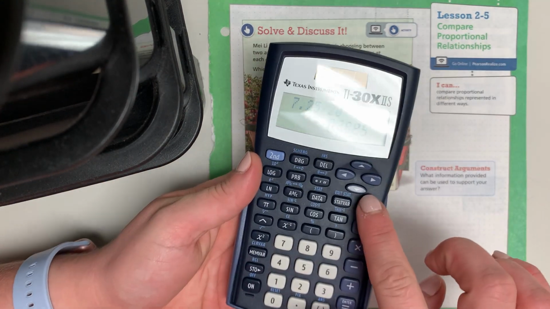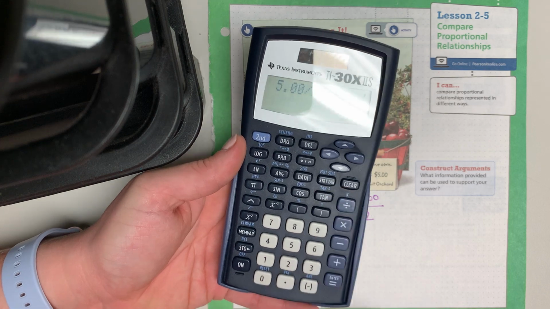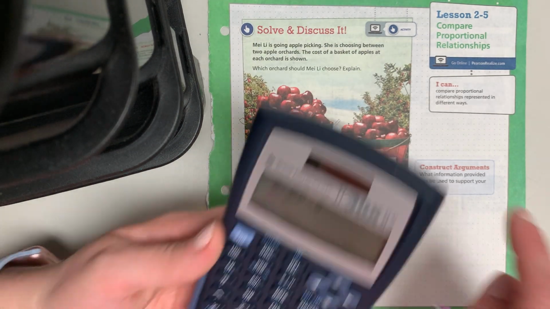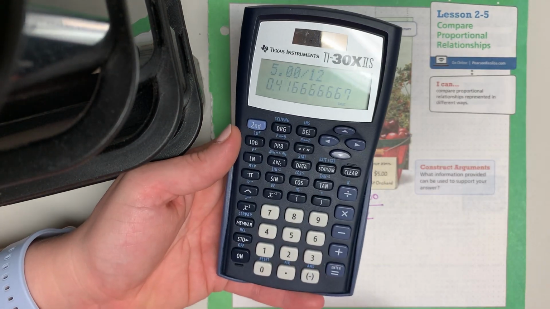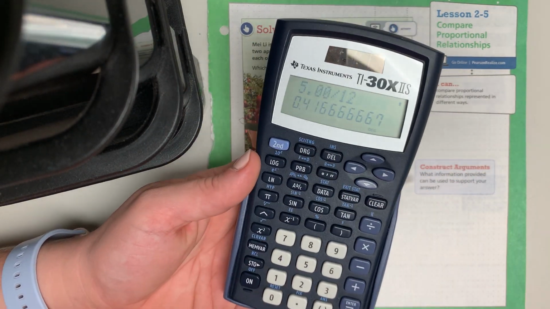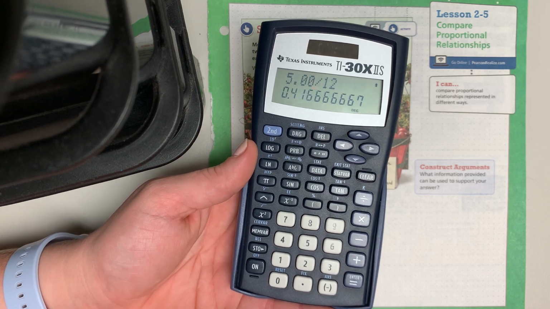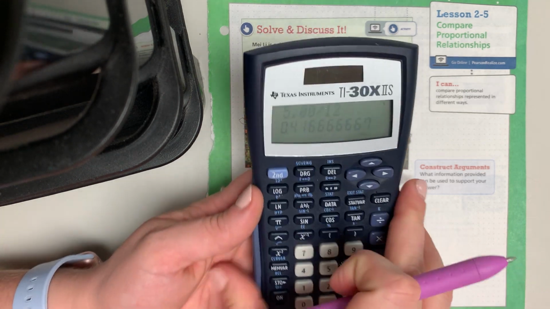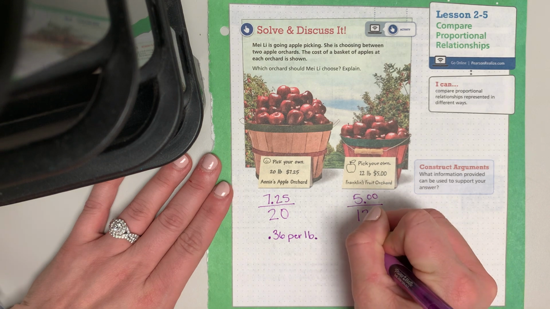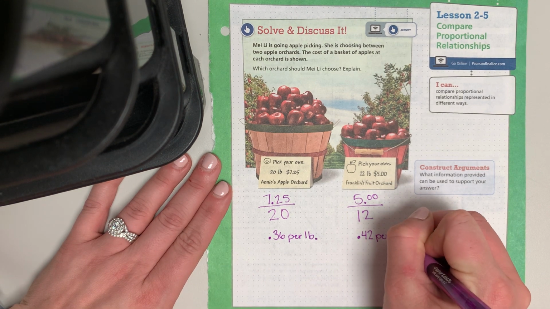Let's go ahead and type that into our calculator. $5 divided by 12 pounds. For Franklin's, it's 0.416. So we're going to round that to be about 42 cents per pound.